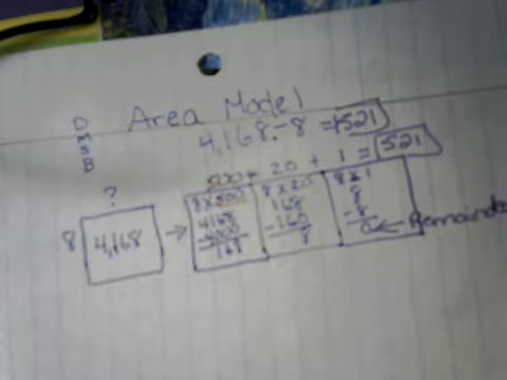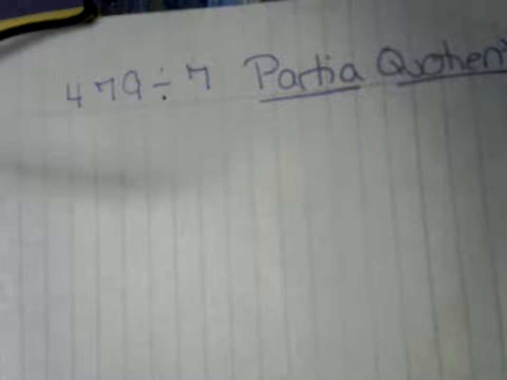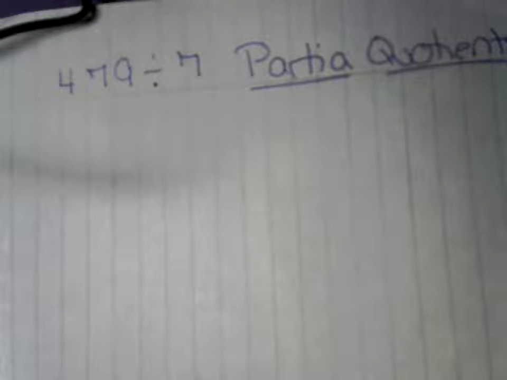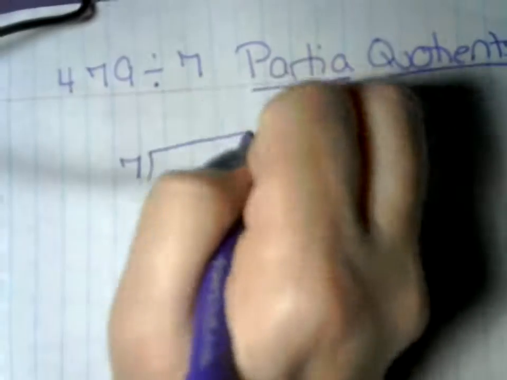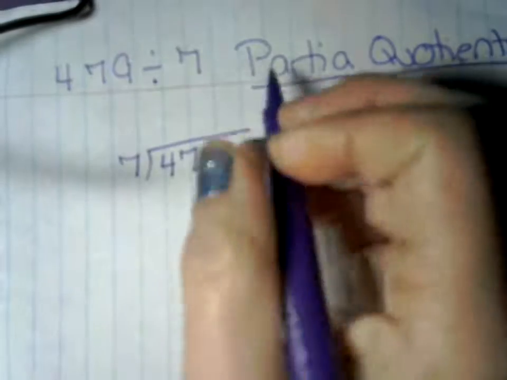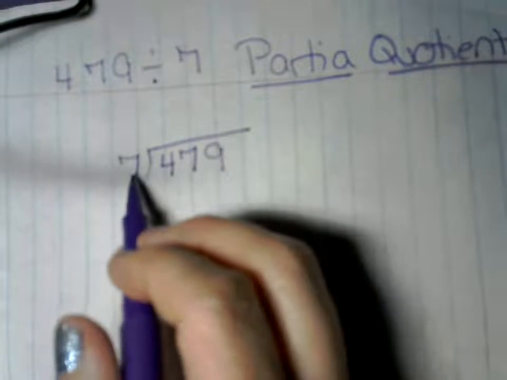So that's what helps. All right, the next way we did it was with partial quotients. I'm going to do 479 divided by 7 for that one. This one is very similar to long division. They need to be able to recognize both ways. You use the division box, just like we would for long division.